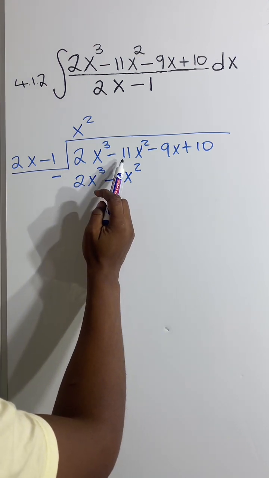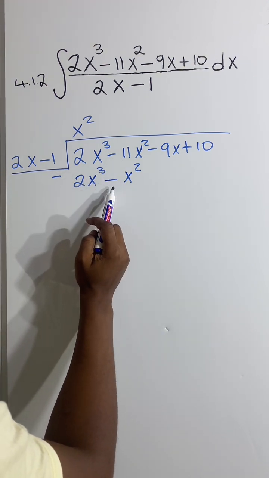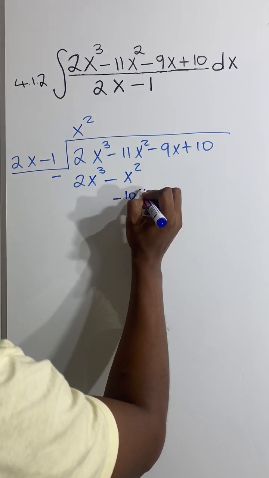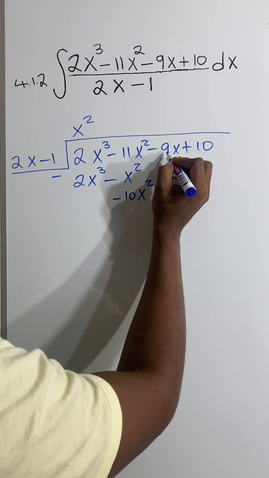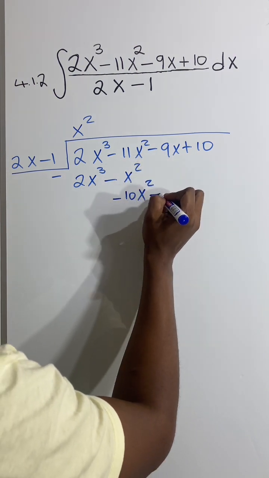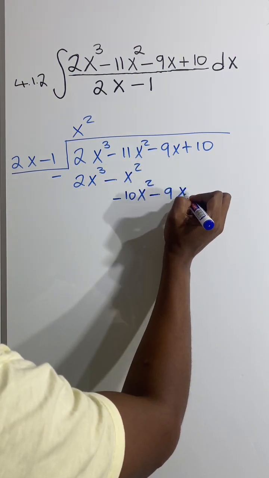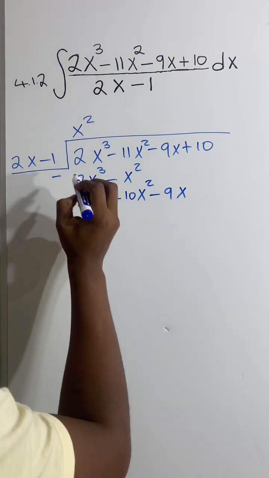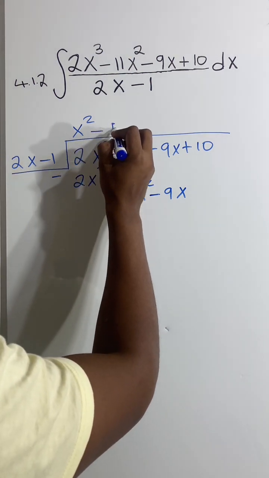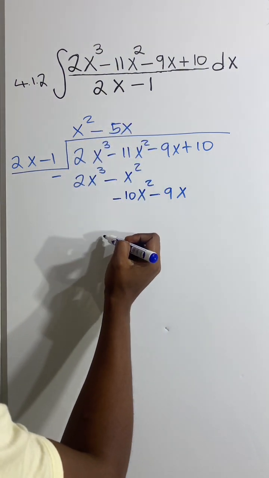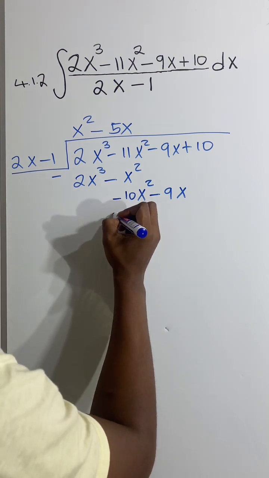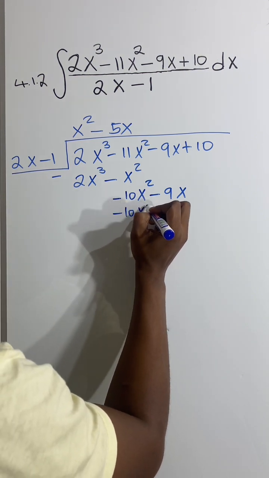Negative 11x squared minus x squared is equal to negative 10x squared. We take that negative 9x down. Negative 10x squared divided by 2x is equal to negative 5x. Negative 5x multiplied by 2x is equal to negative 10x squared.